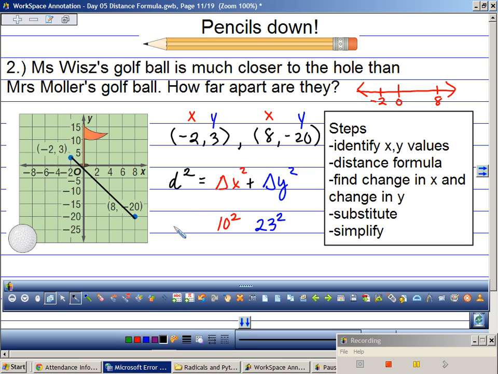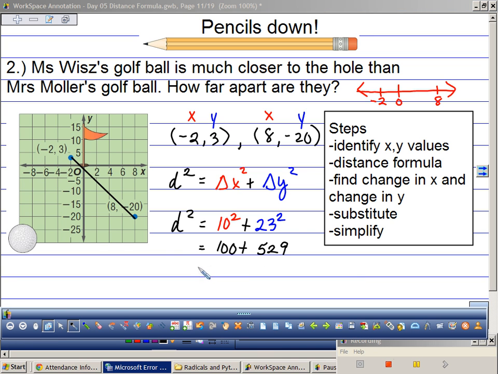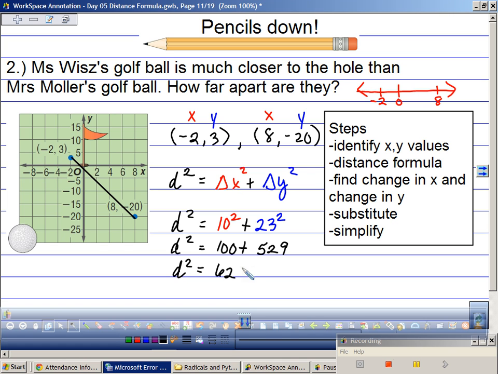Okay, so let's do the hard part. D squared equals, I'm going to add these together. So this would be 100 plus, well, 3 squared is 9, so it's going to end in 9. 529. So D squared, why are my D's so messy right now? D squared equals 629.